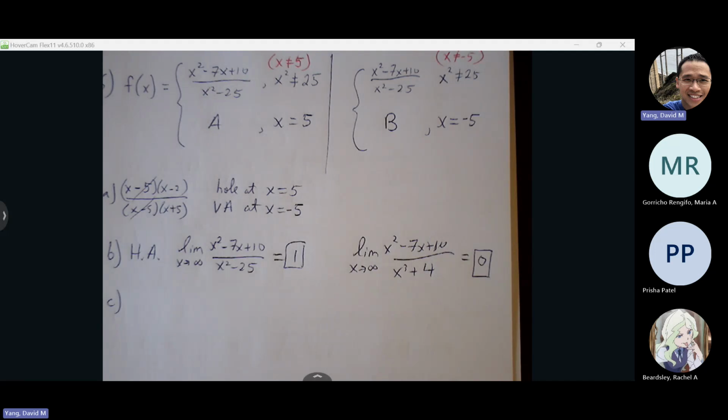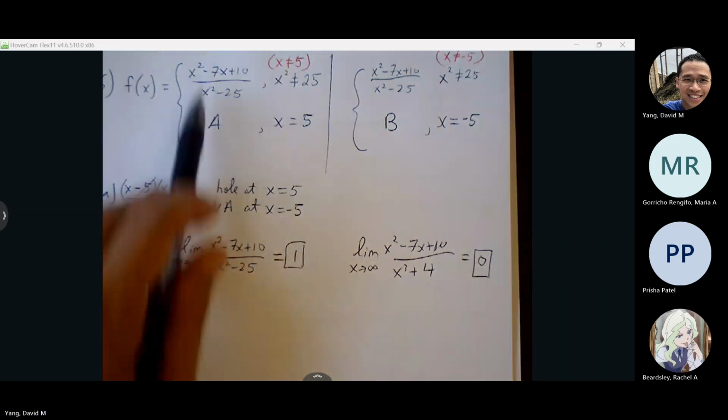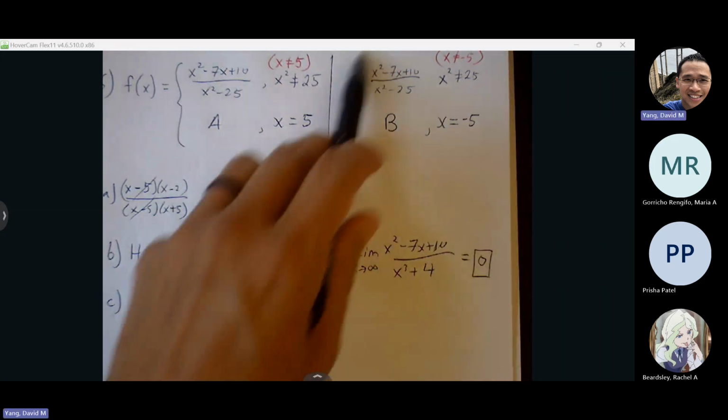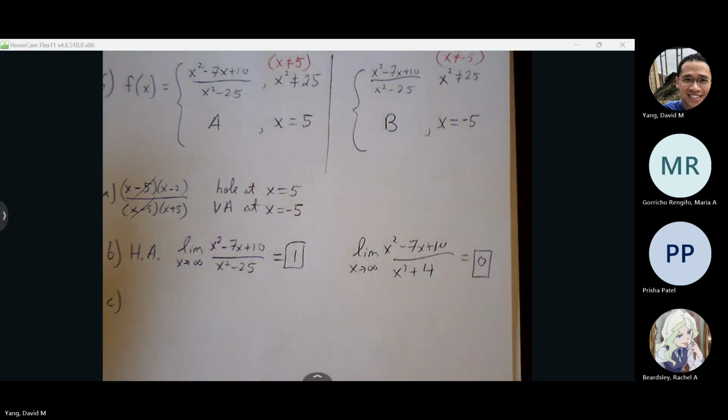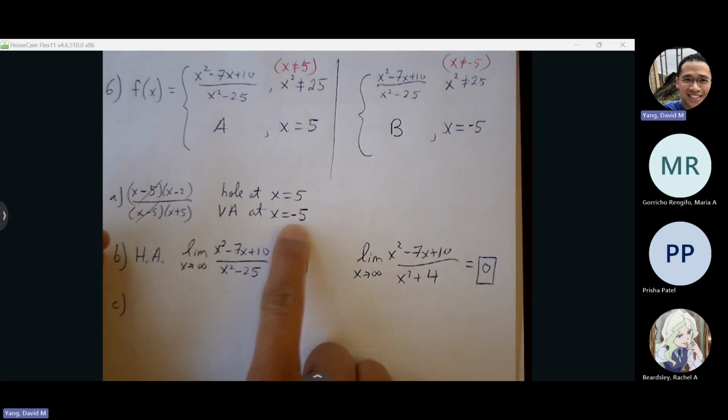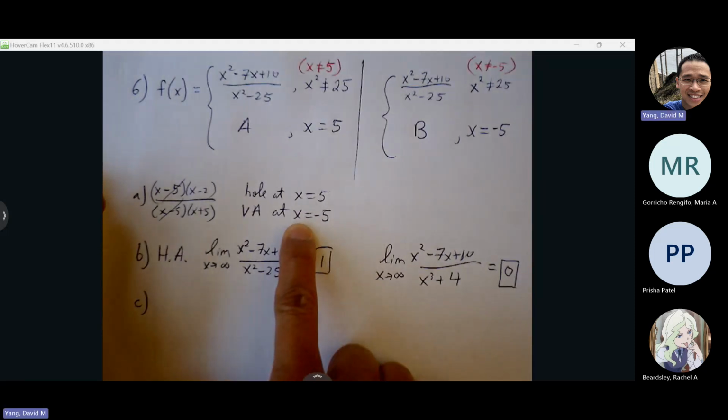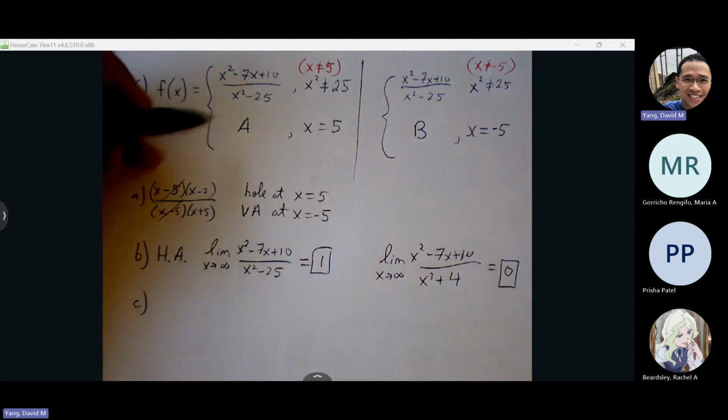We can't find just a number to plug in for a vertical asymptote. So we can only figure out A. We're not able to solve for B because that's a vertical asymptote, and we confirmed it by looking at part A. So for part C, I'm just going to walk through and solve for A.